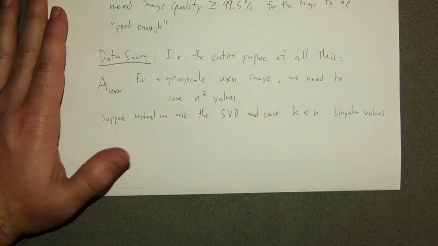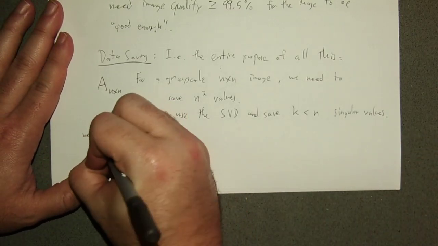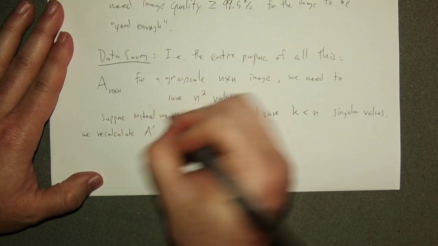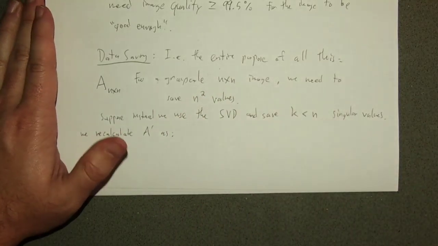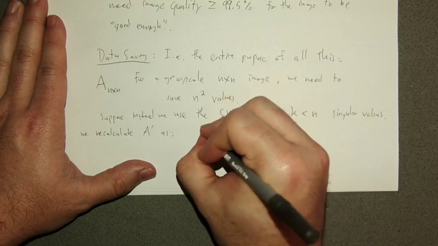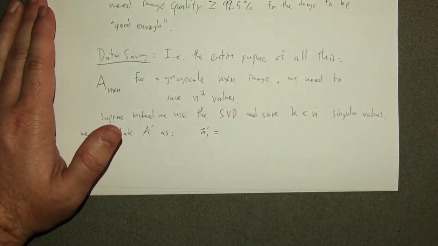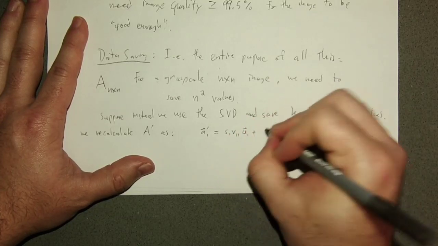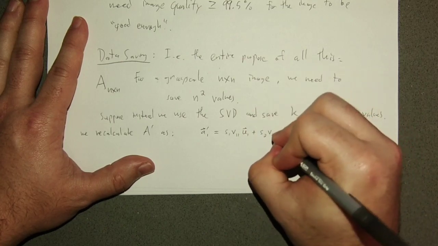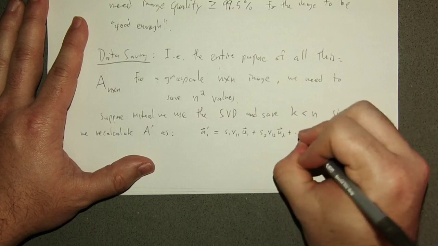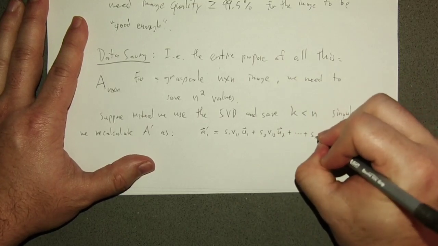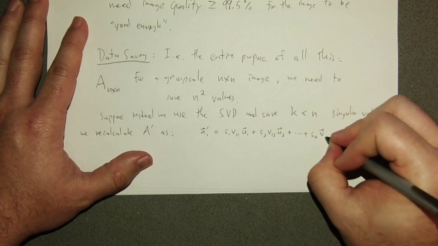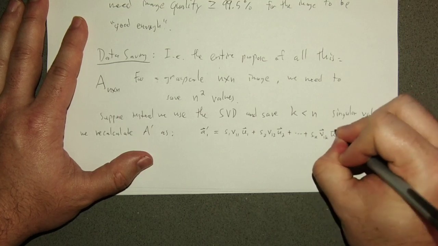Okay. So then we recalculate A prime as follows. We have A1 prime, which I compute from these singular values as S sub 1 V11 U sub 1, plus S sub 2 V12 U2, and so on. So this is how we built A prime, but we only go up to S sub k, that's the point.